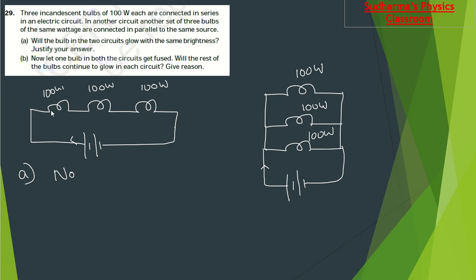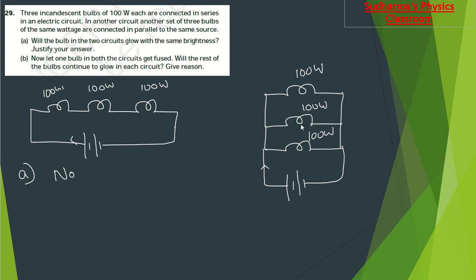So each bulb will not get a sufficient amount of current, and since it is a series connection, there is no sufficient amount of voltage given to the bulbs. Each bulb will be getting less voltage because in series connection, voltage will be divided among each resistor. In this case it is distributed among these bulbs.